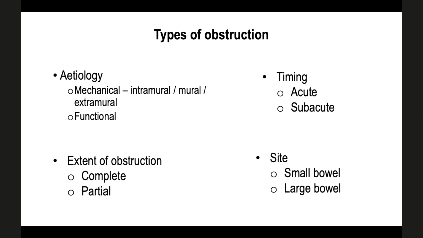So mechanical intestinal obstruction can be in any one of these components of the bowel: within the bowel, in the wall, or outside. Now, there's another type of intestinal obstruction which is called functional. In that, there is no obstruction as such. The bowel is nice and patent, but there is a problem with normal peristalsis.